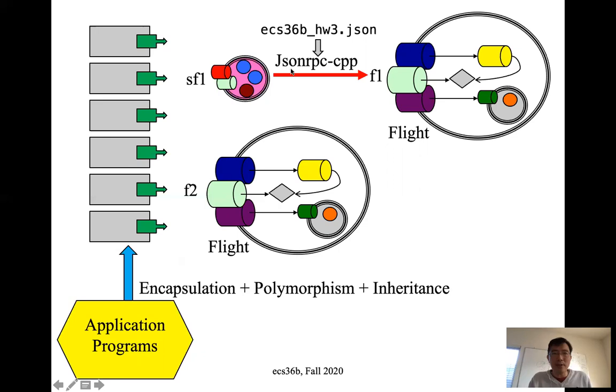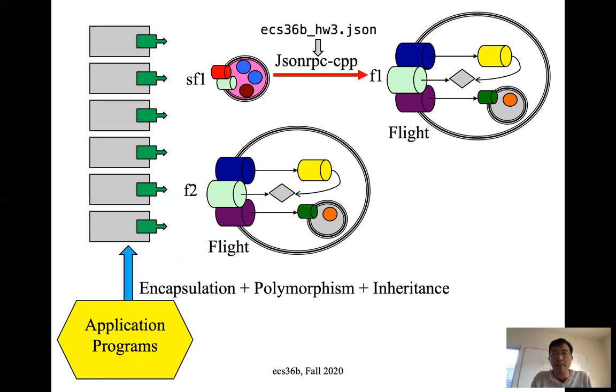But the size might be misleading, because in terms of how many bytes of memory are needed to support F2 and SF1, in fact, the memory footprint of SF1 is actually bigger, because all the attributes that F2, which is a fly, has, SF1 must have.